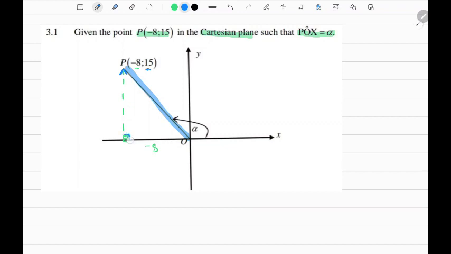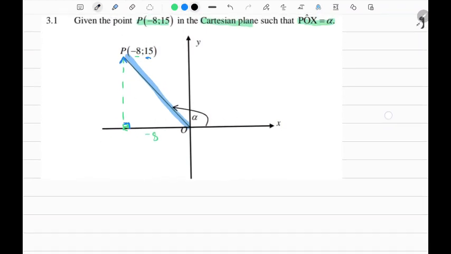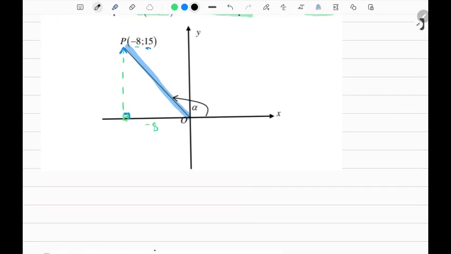So we have a right triangle here. We can make use of Pythagoras theorem. So let's just write that down. So we know Pythagoras theorem states that the square of the hypotenuse, PO squared, is equal to the sum of the squares of the other two sides.